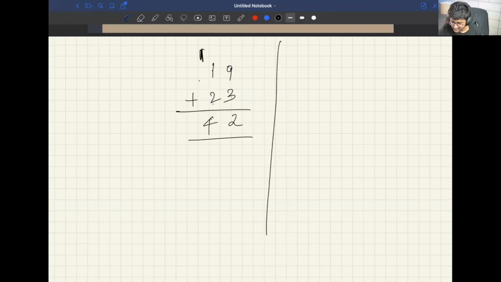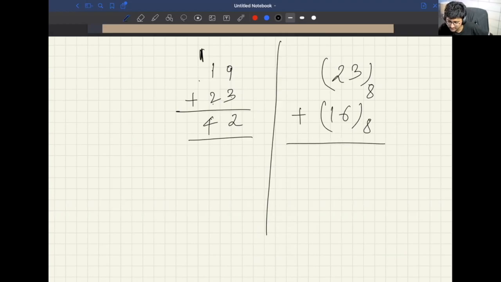Similarly, if I have something like an octal base, okay? So 23 in base 8 plus 16 in base 8. What is this going to be? Not this one.